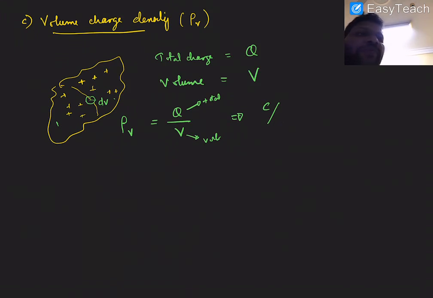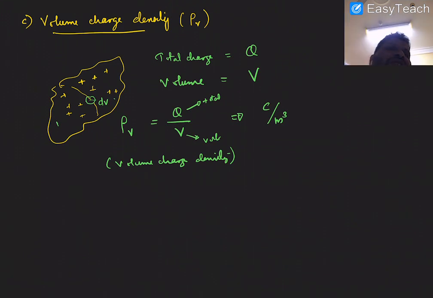So rho V is actually the volume charge density. It is the total charge which is contained in a unit volume.